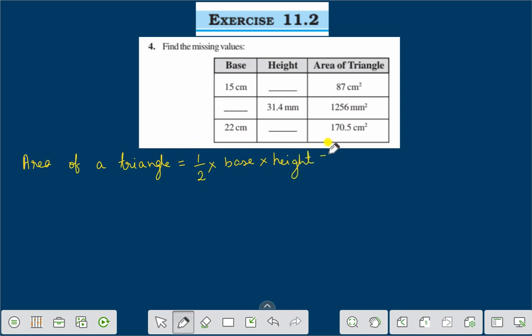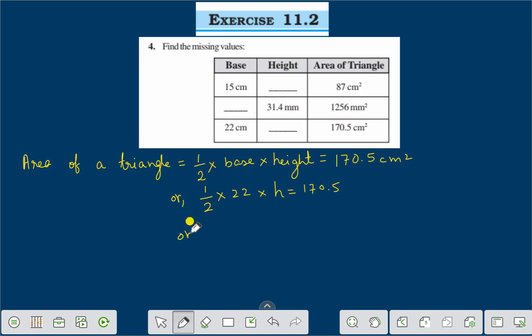Here the area is given as 170.5 centimeter square. So 1 by 2 into base, which is 22, and let us take height as h, is equal to 170.5.